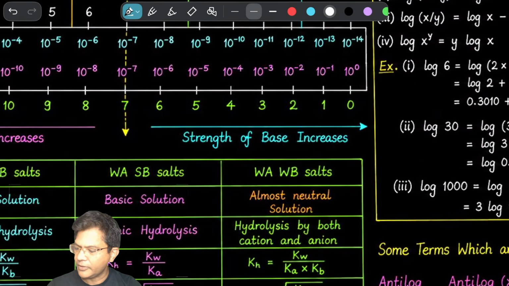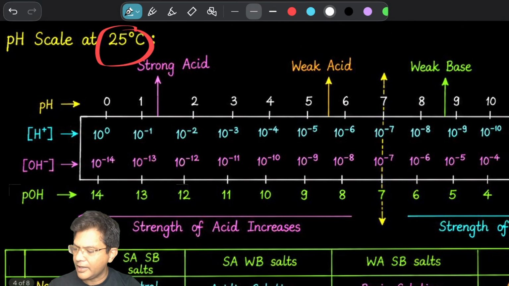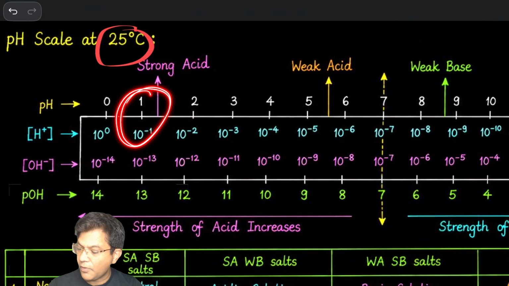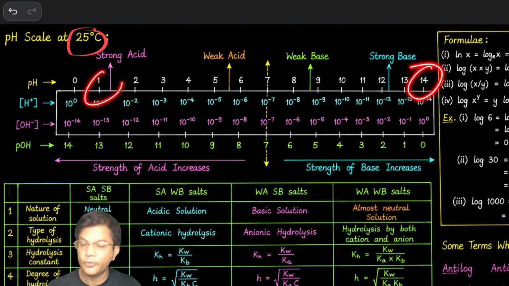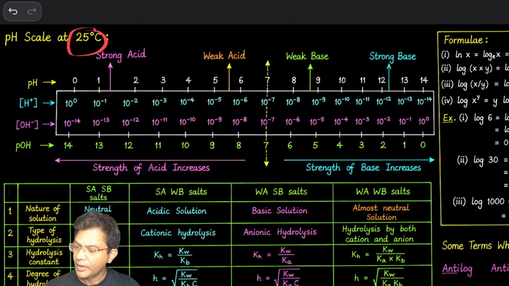The pH scale. If you see the pH scale at 25 degrees Celsius, because if the temperature changes, the pH scale will also change. At 25 degrees Celsius, the pH scale ranges from 1 to 14. And what is the midway between 1 and 14? That is 7.